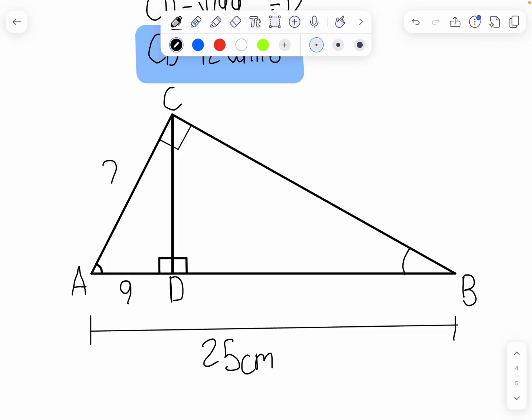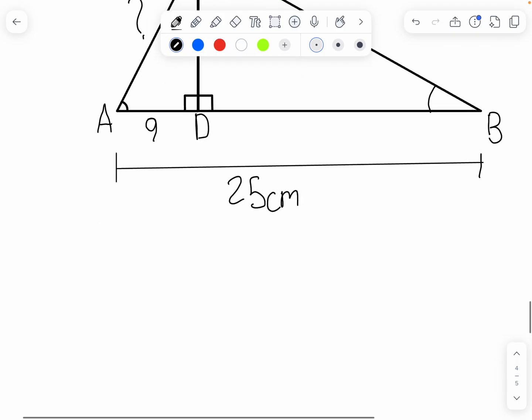So take a minute and try and find the answer. Okay, hopefully you found the answer, so let's get started.